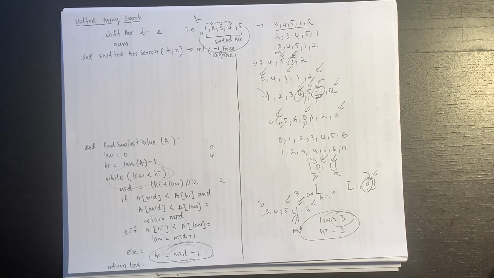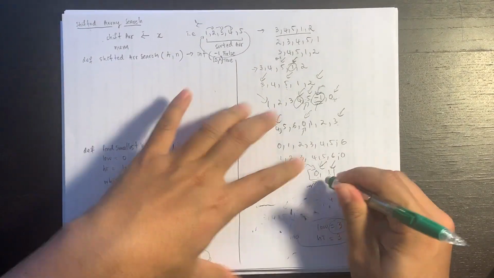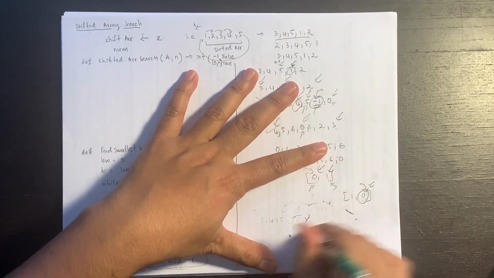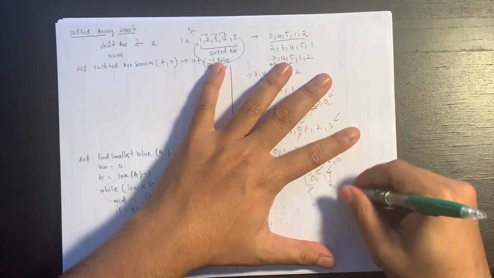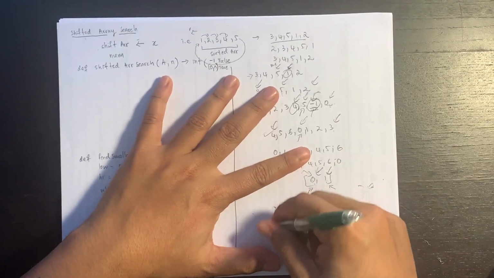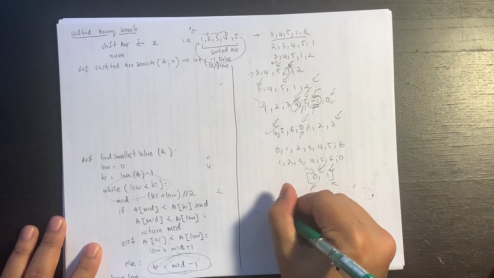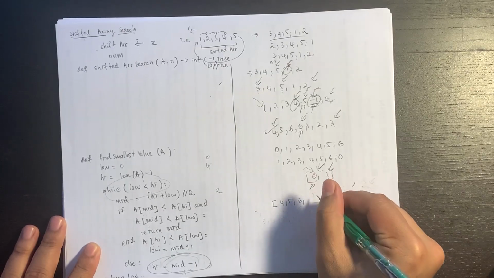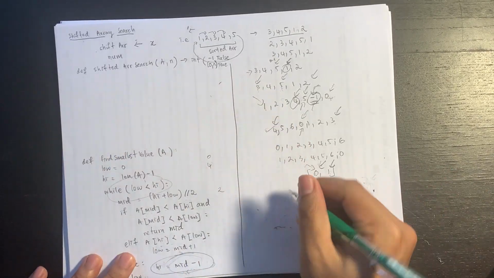Alright, I need some space right here. So how would I be able to find a number in a shifted sorted array?